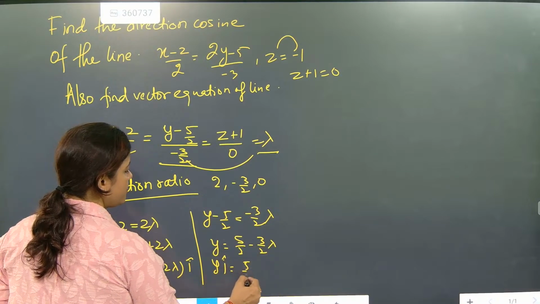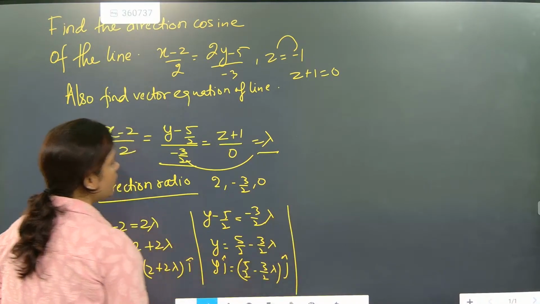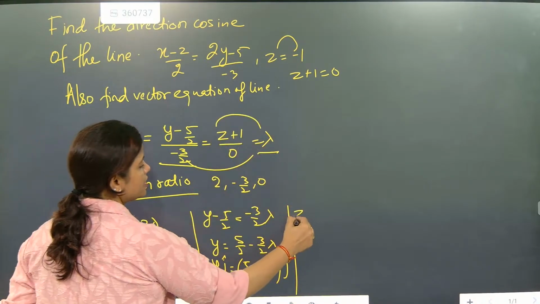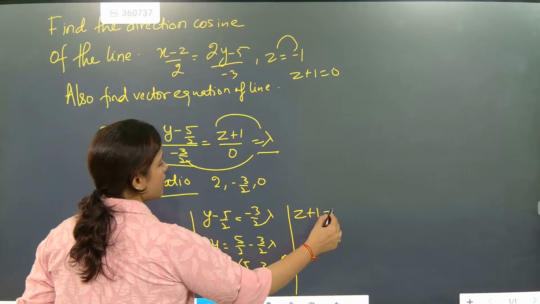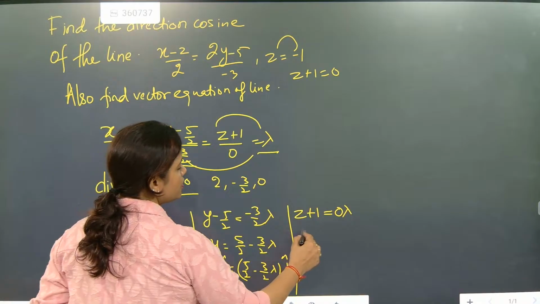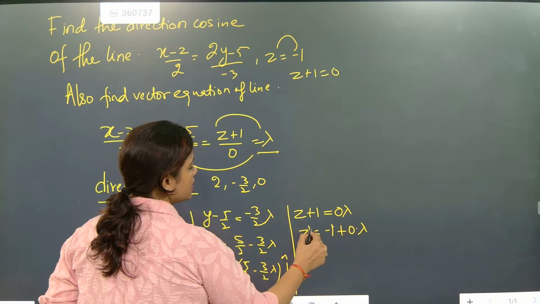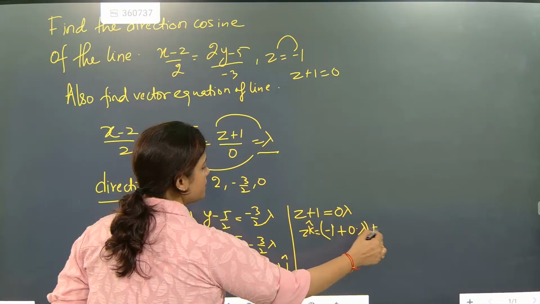Now the k component: z is equal to minus 1 plus 0 into lambda, times k cap.